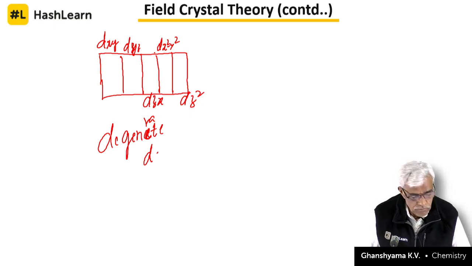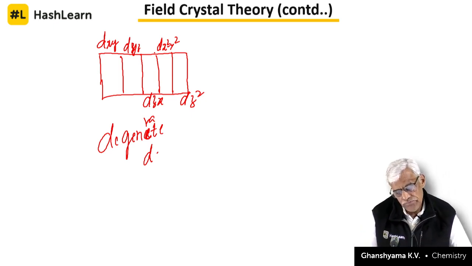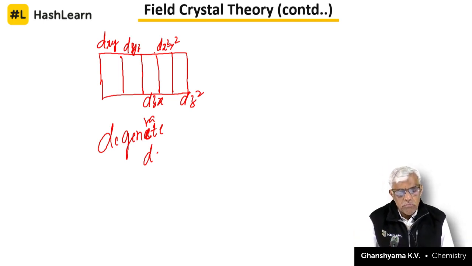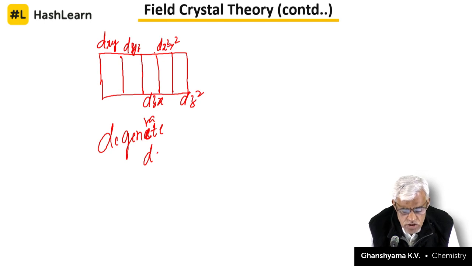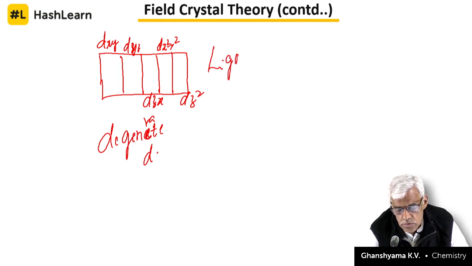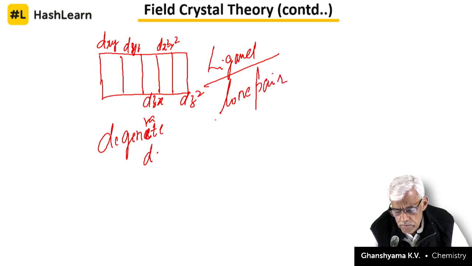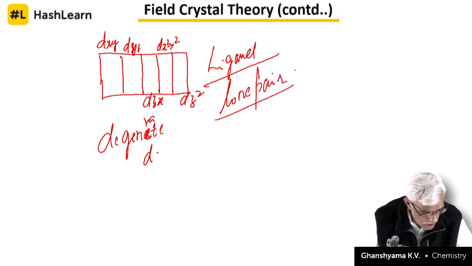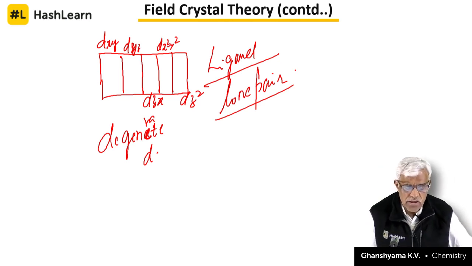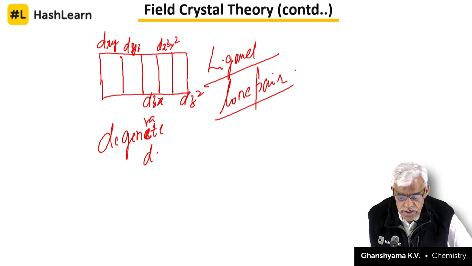But when the ligands approach this degenerate d orbital, the ligands have got a lone pair. If they are symmetrical, okay, no problem, degeneracy will be maintained.